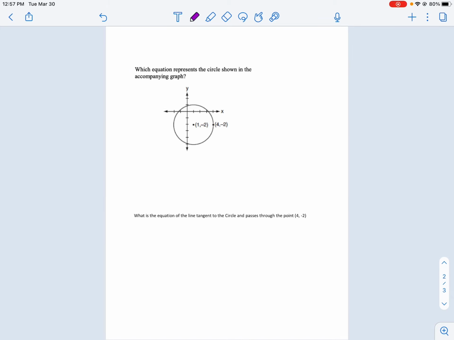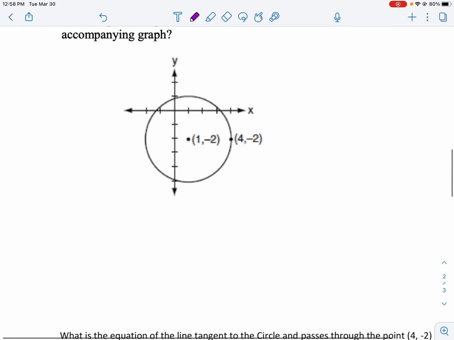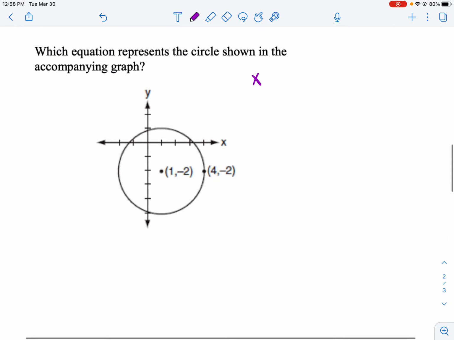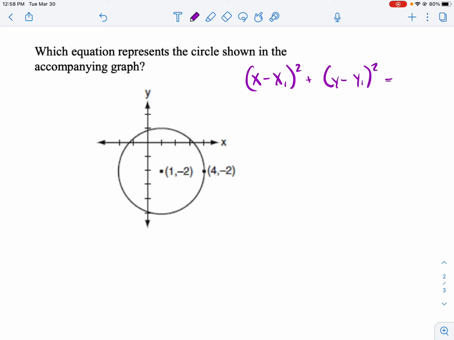It says, which equation represents the circle shown in the accompanying graph? Same type of problem. Here's our equation of a circle. Our center point is 1, negative 2, and our radius is going to be 3.